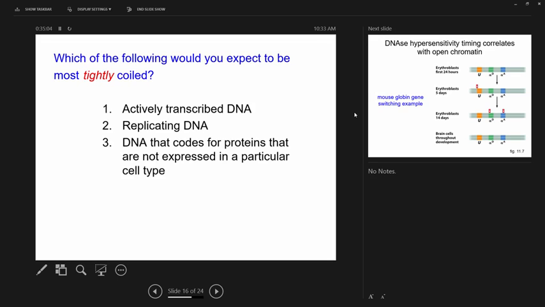Which of these would have to be loose and not tightly coiled in order for it to work? Yeah, the two at the top, right?